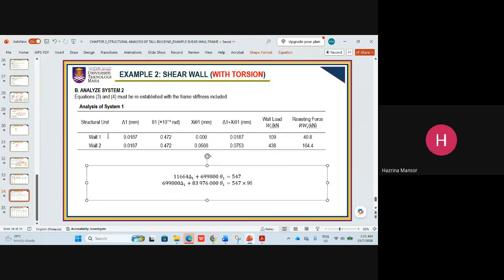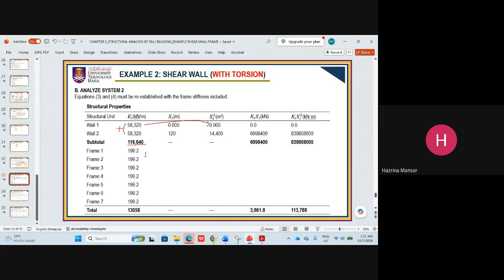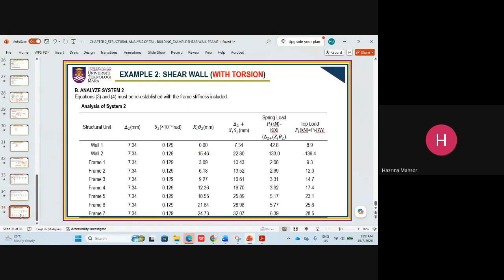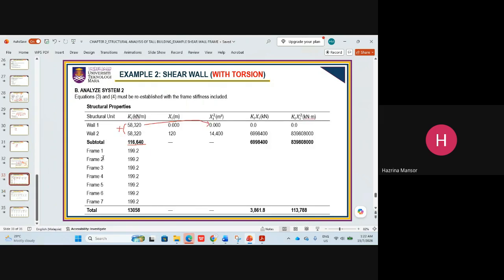What is the load resisting force that will be distributed for your particular wall 1 and wall 2. And secondly, you need to calculate for your frame. So for the frame, similarly, you need to determine. So the first frame will be located at the distance.